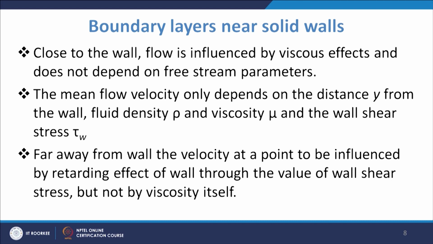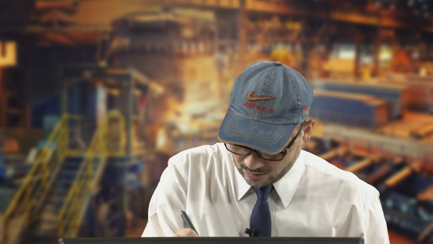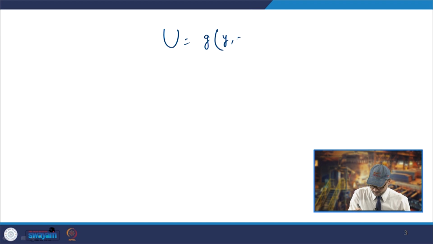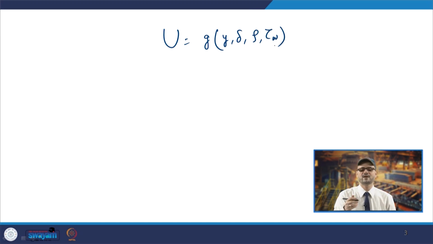So, when you move far away from the wall, u becomes another function g of y, delta, rho and tau w. So, you will have the cross stream length y, the boundary layer thickness, the density and also the wall shear stress.